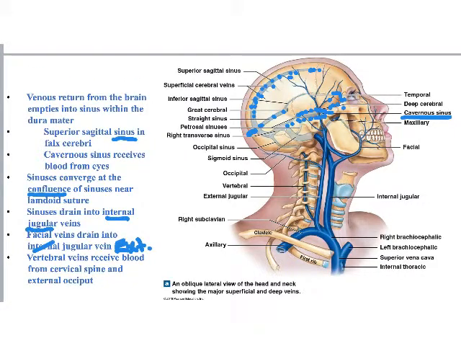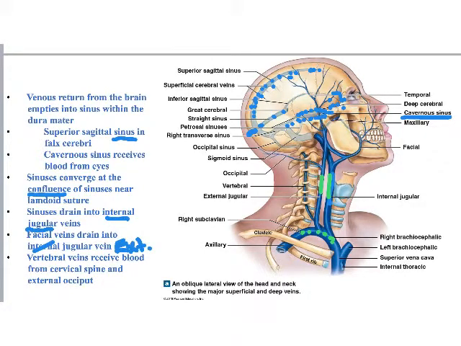All right, let's change the color and make this something we can see. The internal jugular and the external jugular are going to eventually drain into the right brachiocephalic or left brachiocephalic trunks, depending on what side they're on.